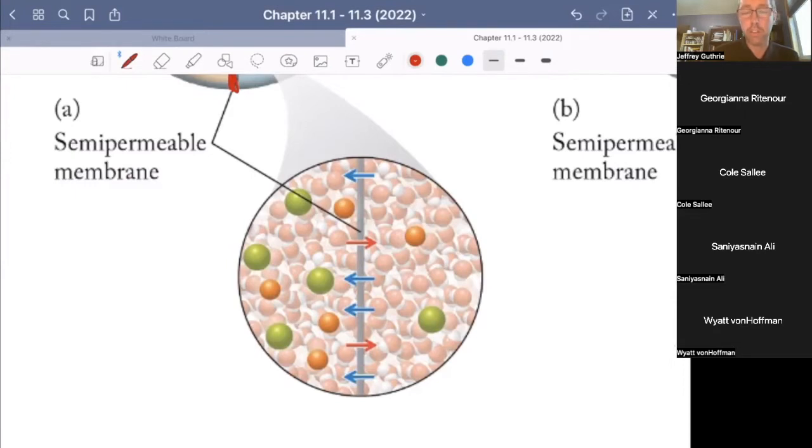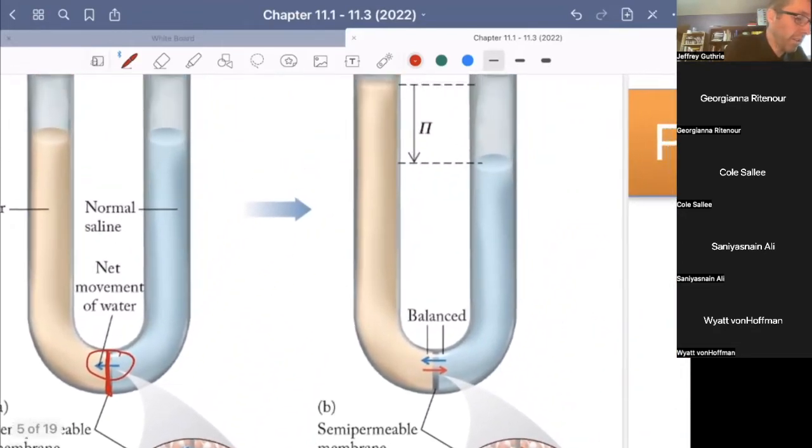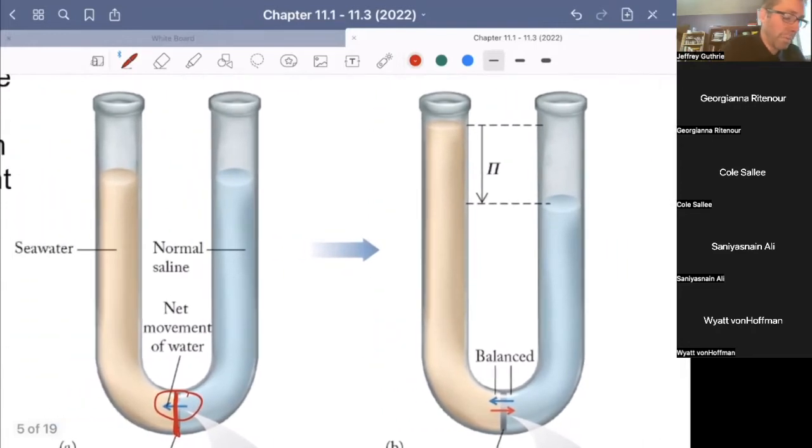At this point here, we have more going right to left. So there's a net movement of solvent to the left-hand side. As that continues to happen, we end up with more solution on the seawater side than on the saline side. That difference is what is referred to as the osmotic pressure.